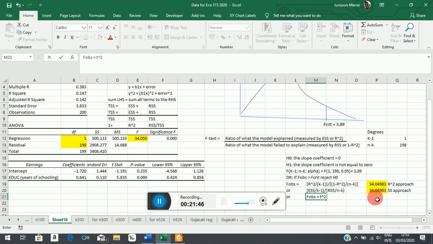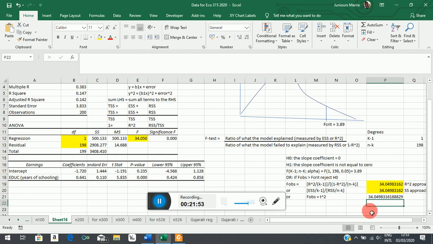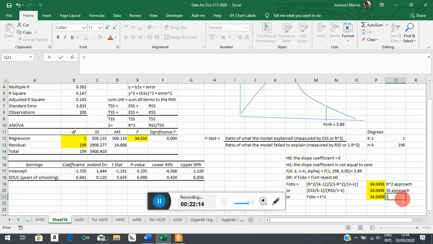So if I say equal to my T, which is that, I square it, there you go, I get the same answer. Let me call it the shortcut. It only works when you have a bivariate regression.